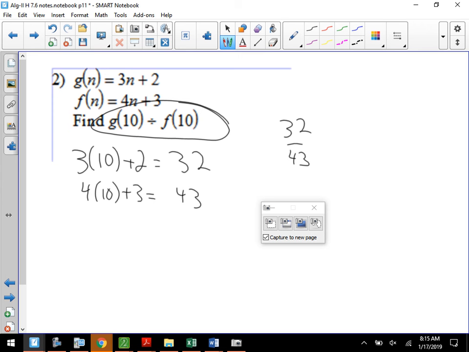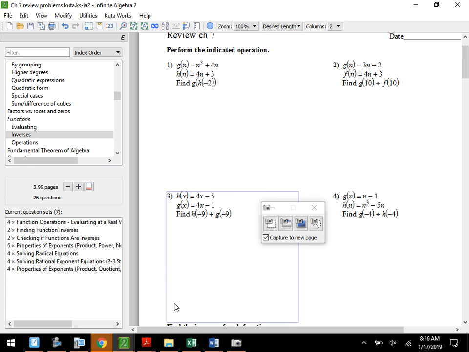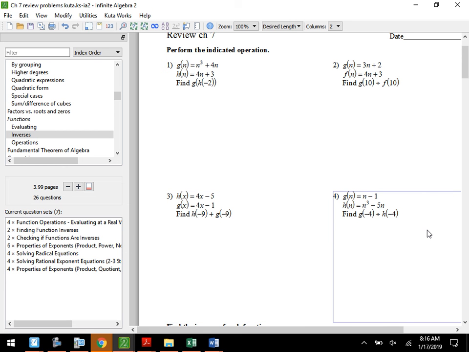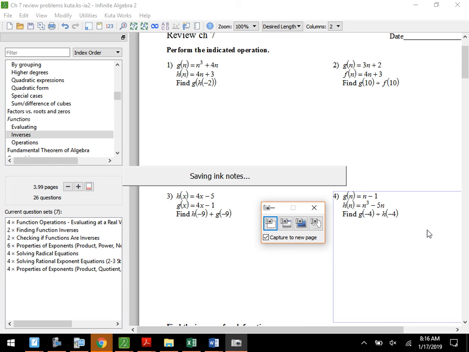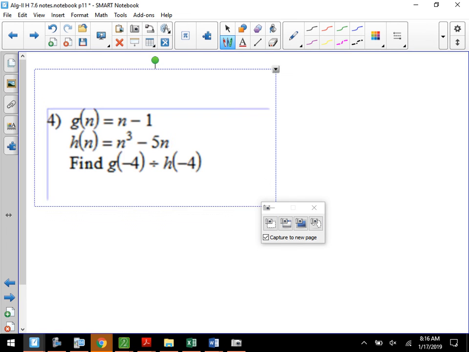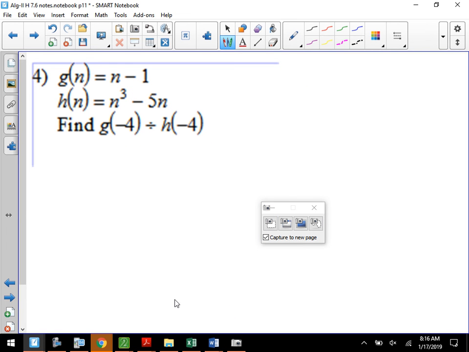One second. I'll get you up. Same idea. You just have to watch your negatives with the cubing. When you are cubing, is it an odd or an even exponent? It's odd. So what happens with the sign? It stays whatever the sign is. So in this case, you've got negative 4 minus 1. Negative 5. Very good.